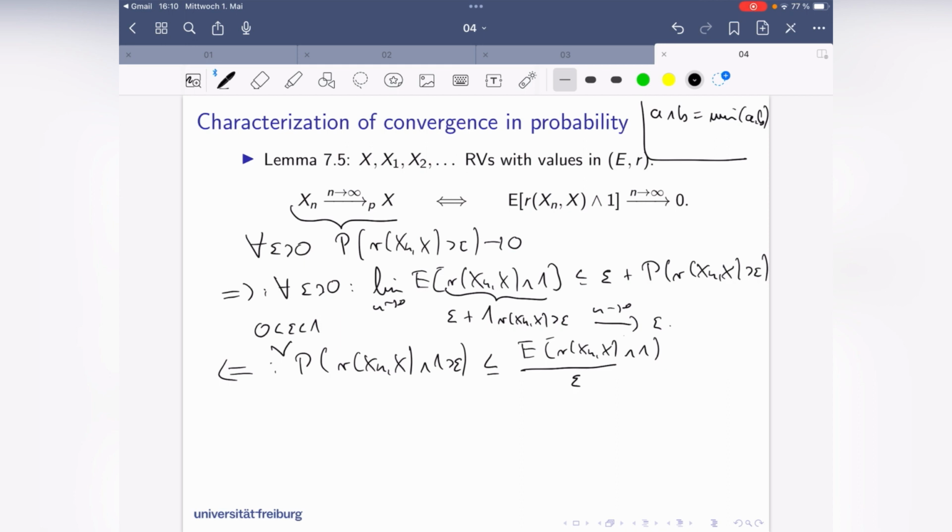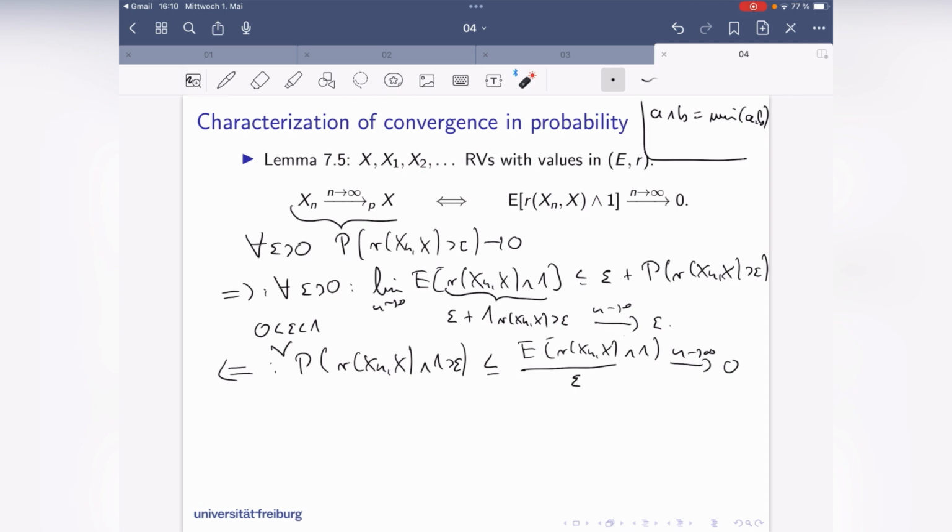So like this. And since we're proving from right to left here, this converges to 0, which means the whole thing goes to 0 when n goes to infinity, and we are done with this proof.